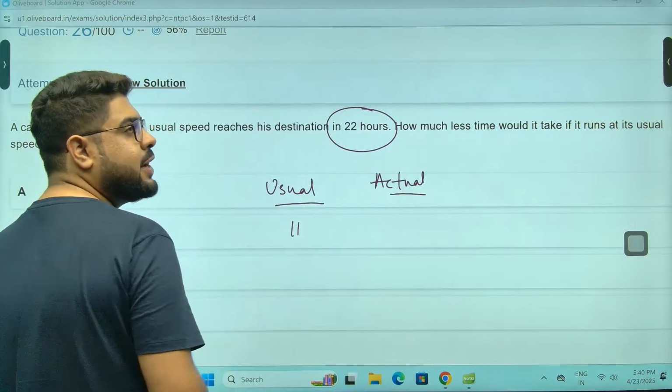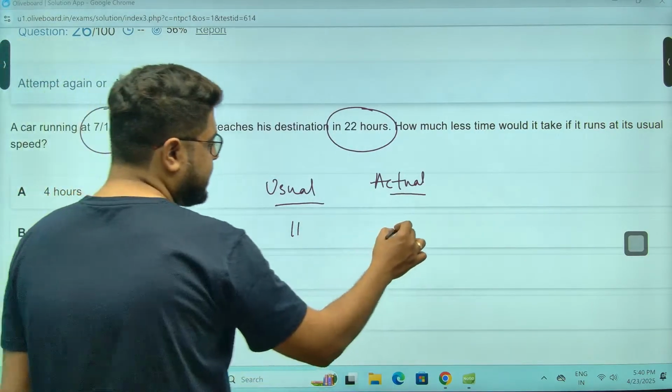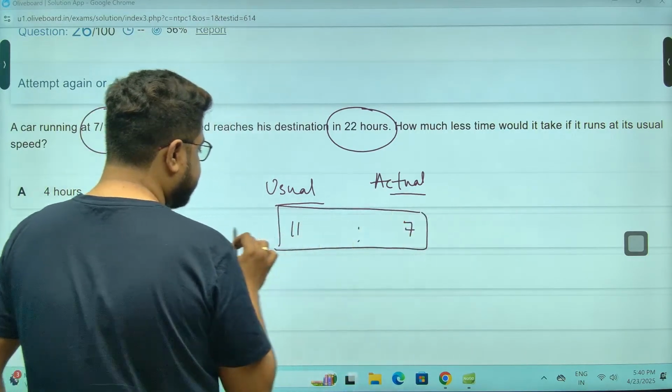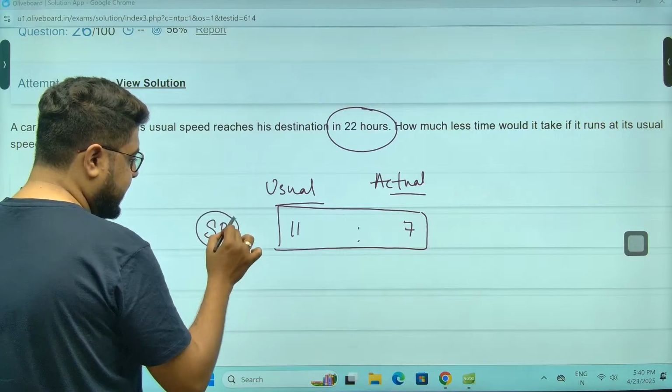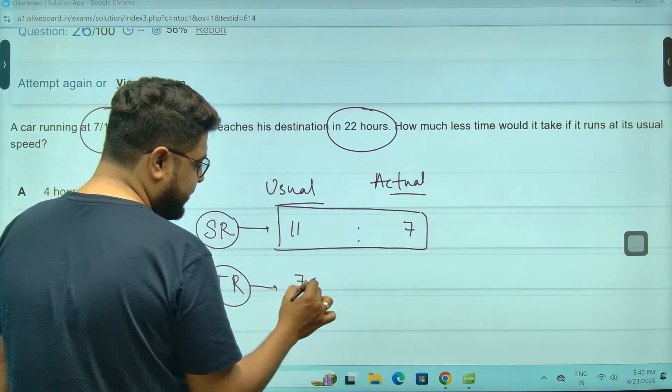Usual is 11 kilometer per hour. He is going at 7 by 11 of that, that means 7 kilometer per hour. So the ratio is 11 by 7. This is the speed ratio. So time ratio is always opposite to speed ratio, sir. So that means 7 ratio 11.